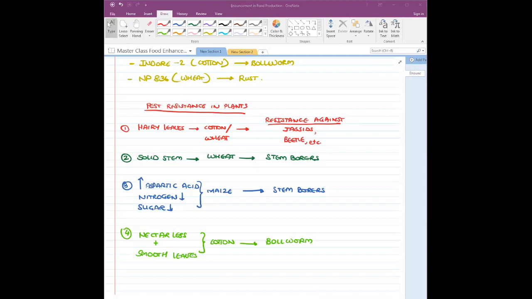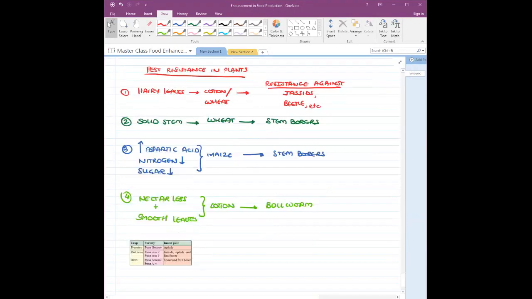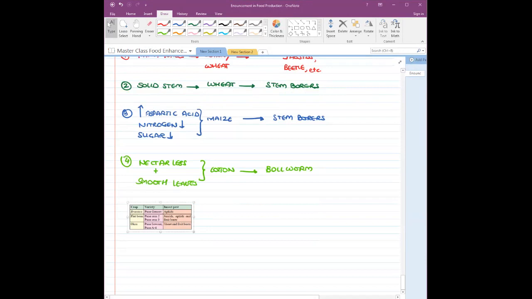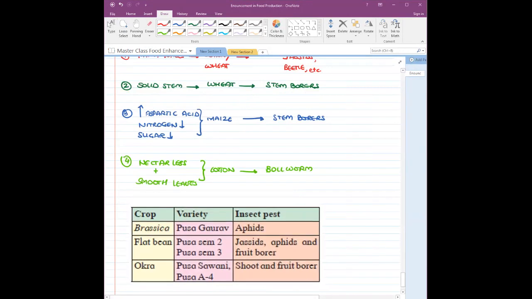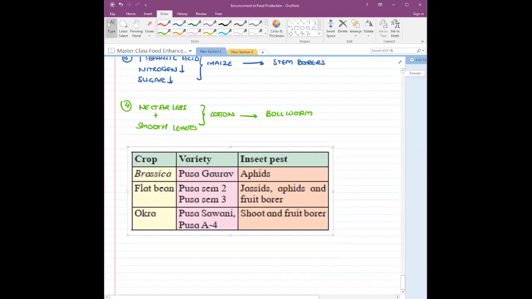Who are the other ones that we need to know? Okay, so guys, we have three of these. Apart from the ones that we have listed, we have three of this. So first one, we have brassica. This is nothing but your rapeseed mustard, okay.